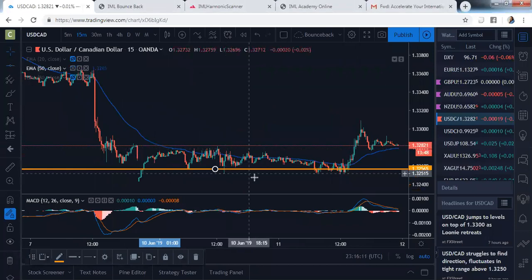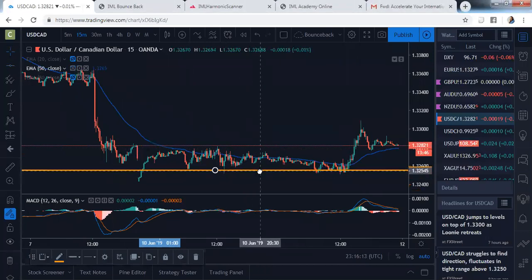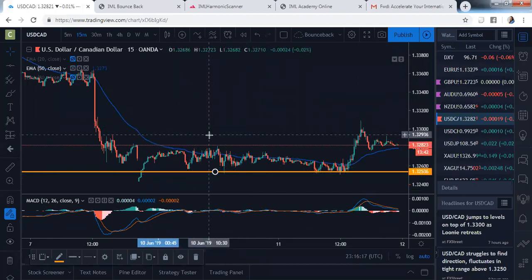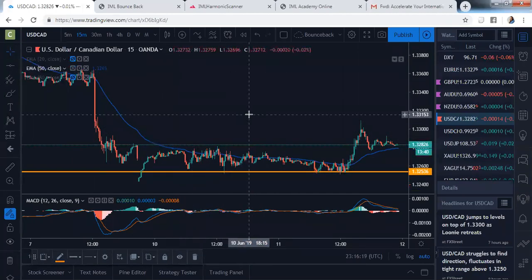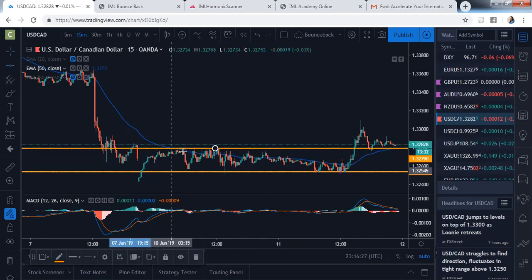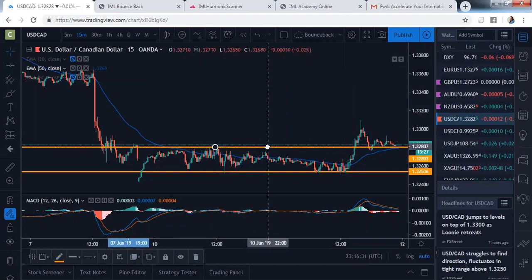So let's look at structure here, right? And you can see how the trade is just bouncing in between this range, this zone. So you can see how it's ranging in between this zone.